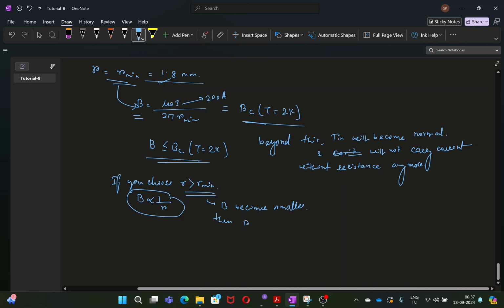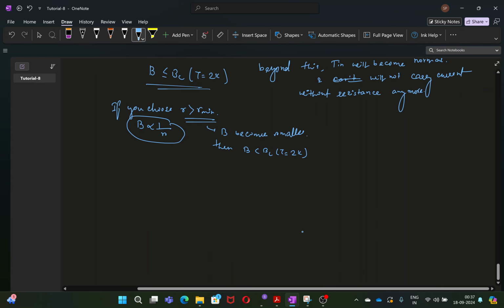Then the field produced will be even smaller than BC at 2 Kelvin. Okay, so that means you are in a safe limit: whatever current, 200 ampere, is flowing through the wire, it is producing a field. That field will not exceed the critical field value for the material at 2 Kelvin if you keep the radius of the wire on the higher end, right?